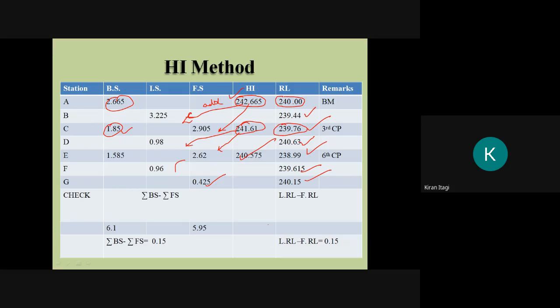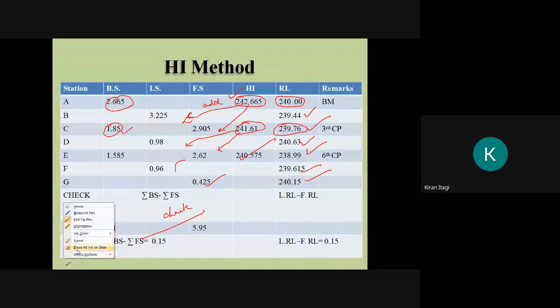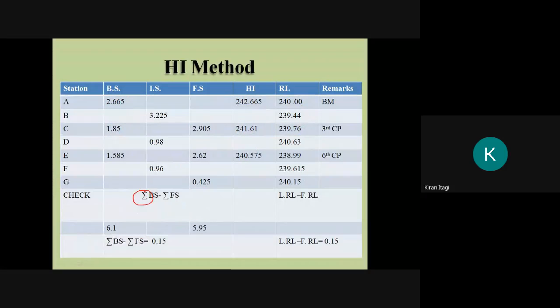Later, how do we check whether we have done it correctly or not? That is summation of backside minus summation of foresight. Means all the readings in the backside, you just add them, and in the foresight whatever is there, you just add them.